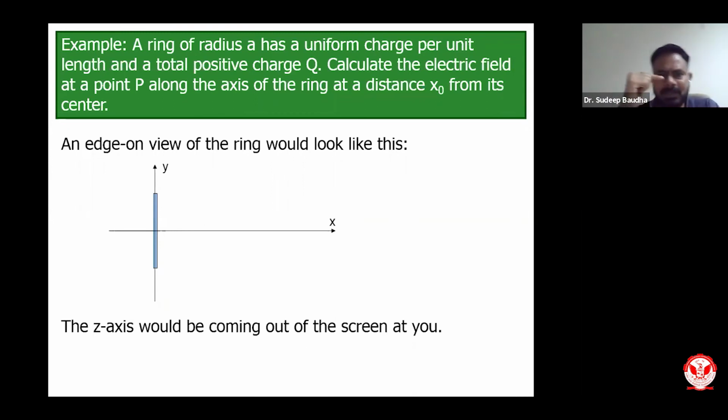Now since we have a ring, the electric field can have all three components: x component, y component, and z component. So whatever electric field we will have at the point P, which is located on the x-axis, we will have all three components x, y, and z in that.